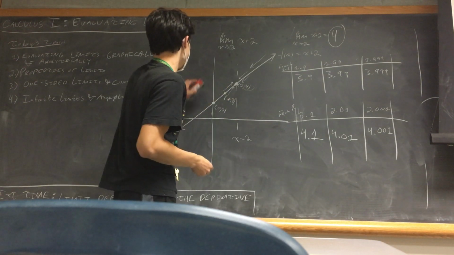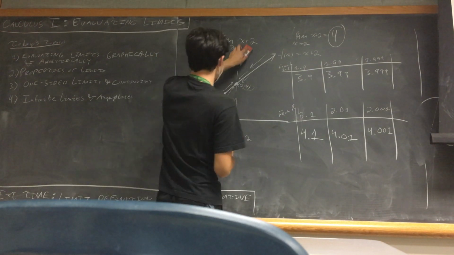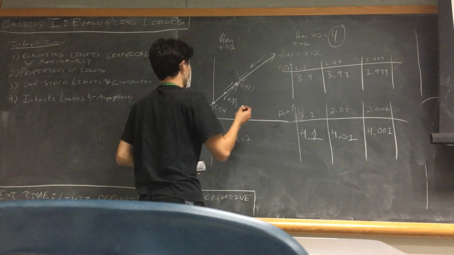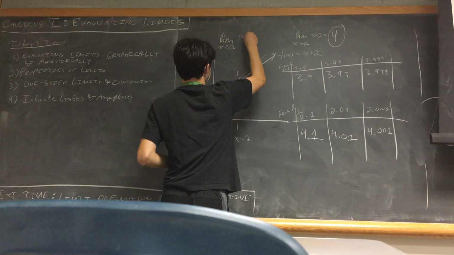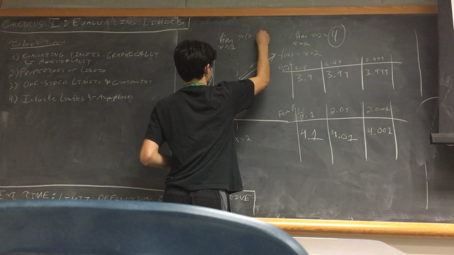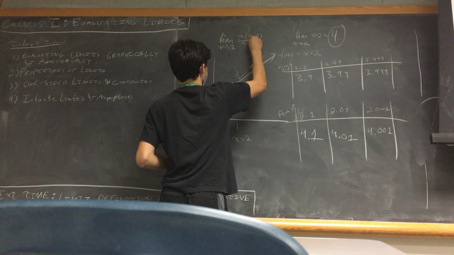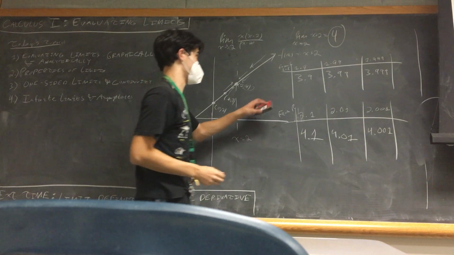Now, let's say we were given a function, the limit as x approaches 2 of x times x minus 2 over x minus 2.